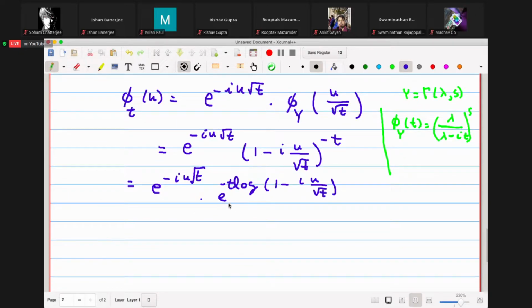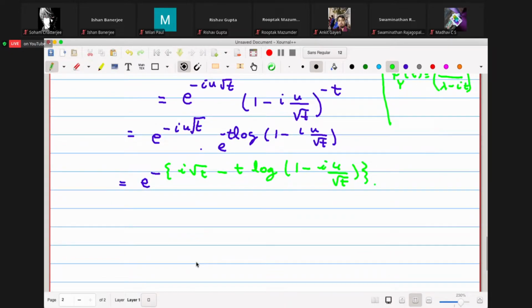So this quantity is e power log, so our exponent minus t, I have written it here. So this whole thing is e power minus, so I write that exponent a little more carefully in green color: i u square root of t minus t times log 1 minus i u by square root of t. This whole thing is in the exponent. I left out that u there.